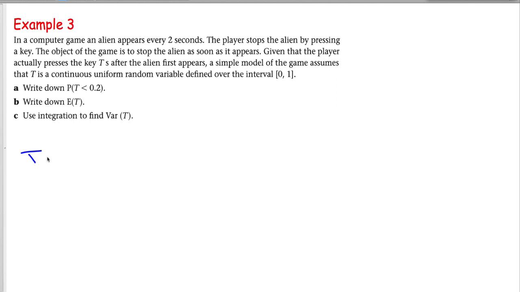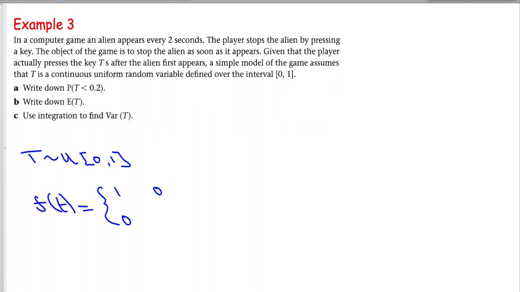So let's just write that. T is a continuous uniform random variable over the interval 0 to 1. So we have to think about this. That means that f of t must equal 1 over b minus a, which is 1 over 1, which is 1, and 0 otherwise.